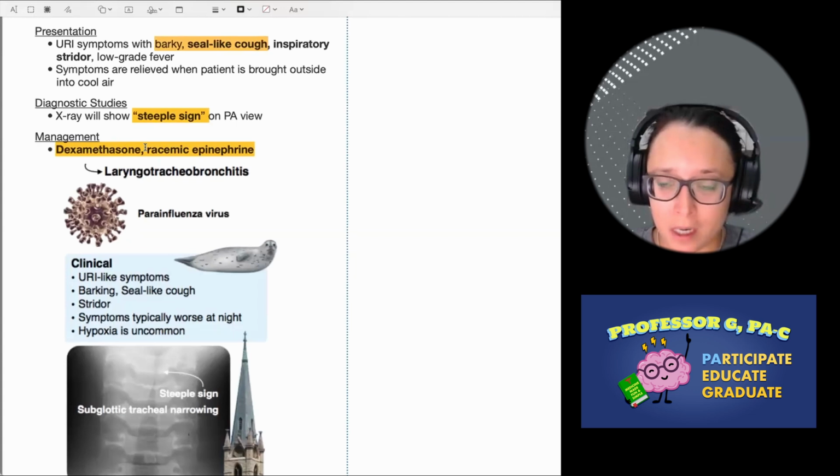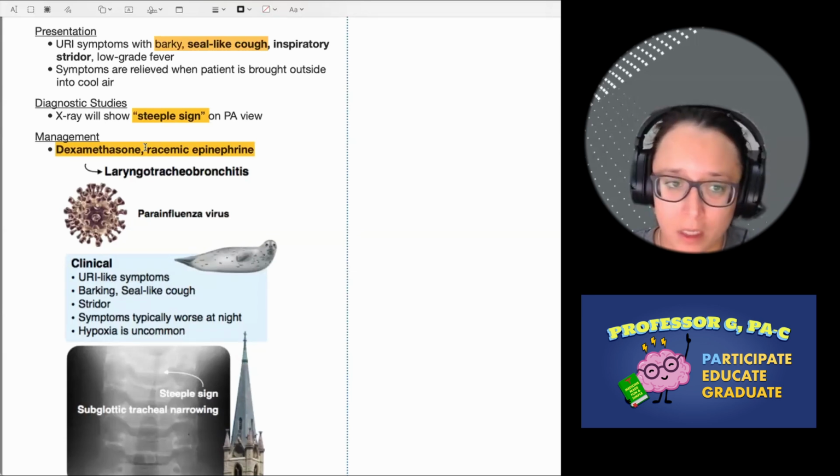Racemic epi is not like albuterol. You cannot give them a prescription and say, hey, do these racemic epi nebs at home. We don't do that. Racemic epinephrine nebulizers are only done in the acute care setting, so in the ER or when they're admitted to the hospital. And so usually we reserve racemic epi nebs for those that are having more significant trouble breathing, like stridor or hypoxemia.